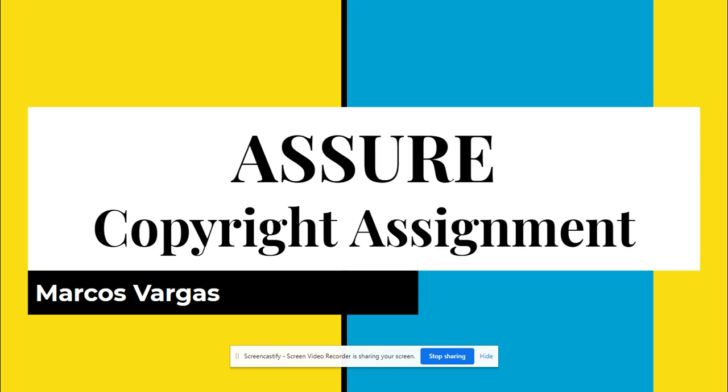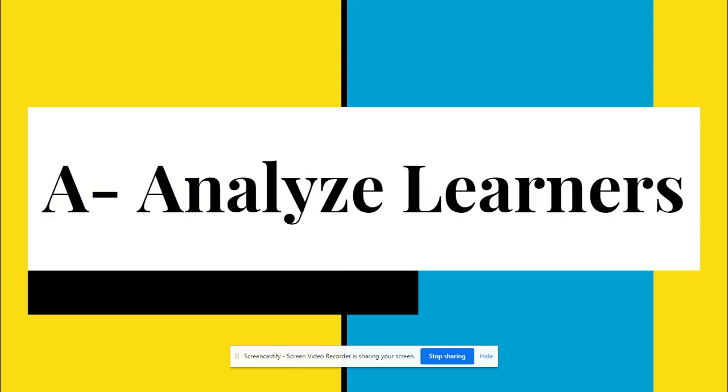Now, first, analyze learners. So my grade level is 8th grade, as I stated on the Microsoft Word document. And so in 8th grade, they learn a lot. They're state tested in history, they're state tested in science, they're state tested in math, and in reading.